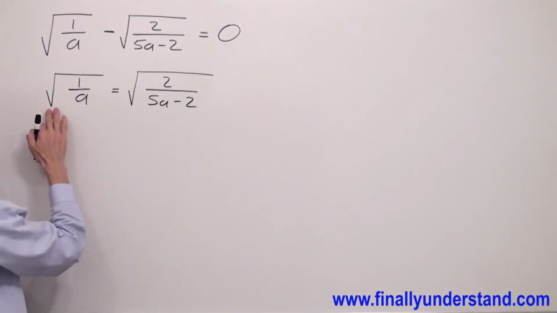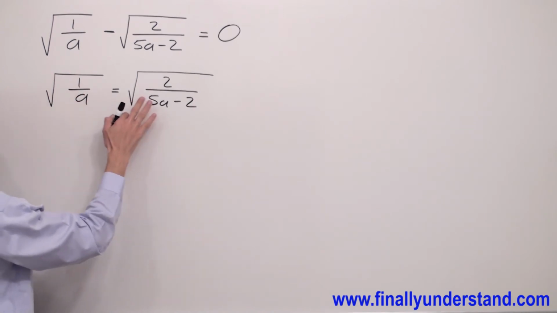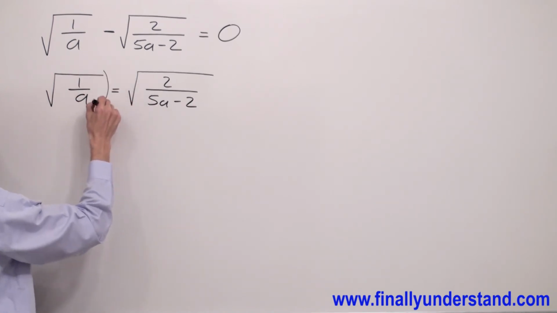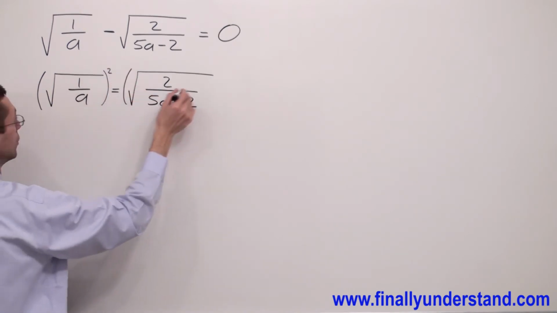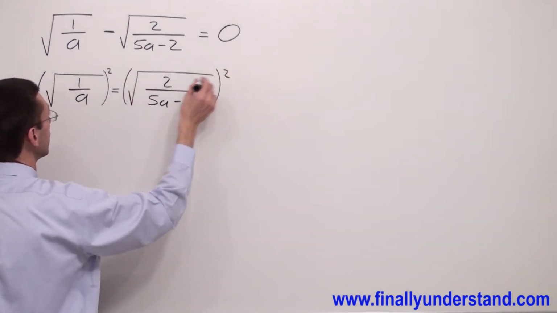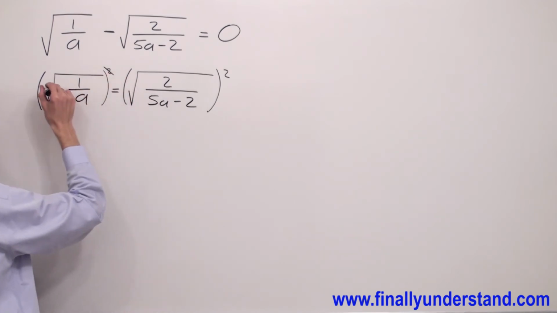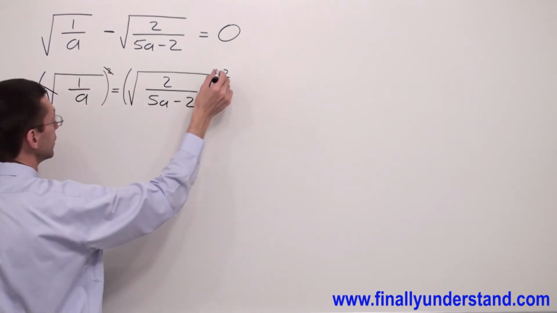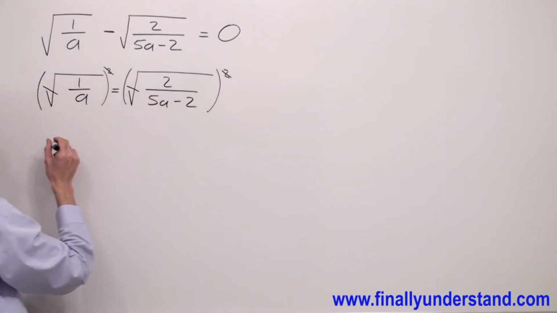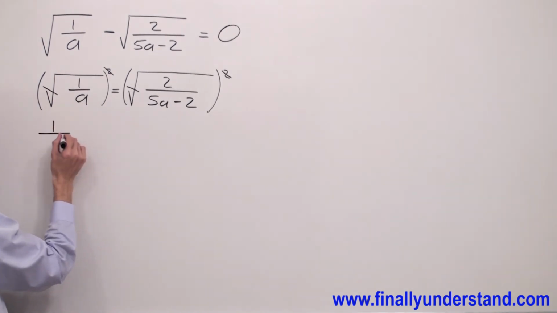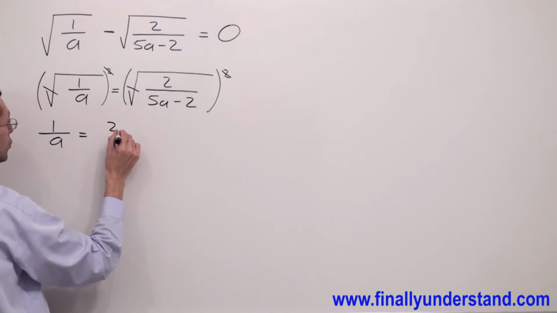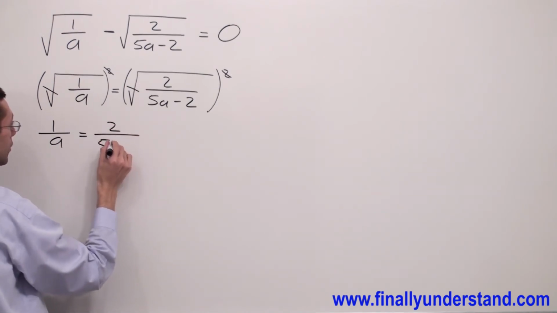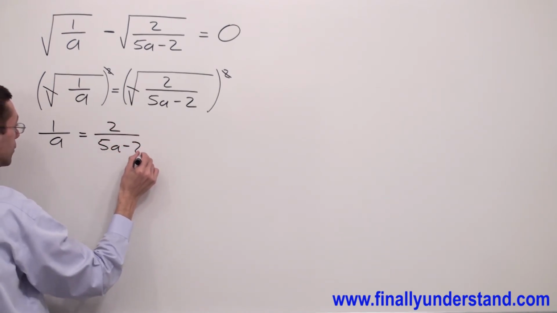Now, because I have square root on the left side and square root on the right side, I'm going to square these two radicals. This exponent is going to eliminate my radical sign, and this one is going to eliminate this radical sign. And I have 1 over a is equal to 2 over 5a minus 2.